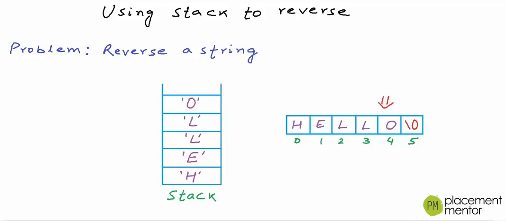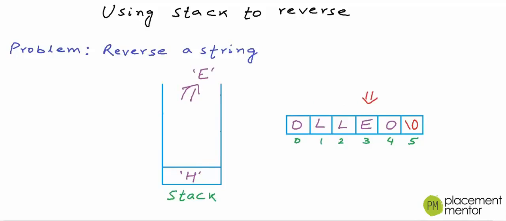Once all the characters in the string have gone into the stack, we can once again start at the 0th index. Now we need to write the topmost character in the stack at this index. We can get the topmost character by calling top operation, and now we can perform a pop. And now we can go to the next index, fill in whatever is at top of stack, and perform a pop again. We can go on doing this until stack is not empty.